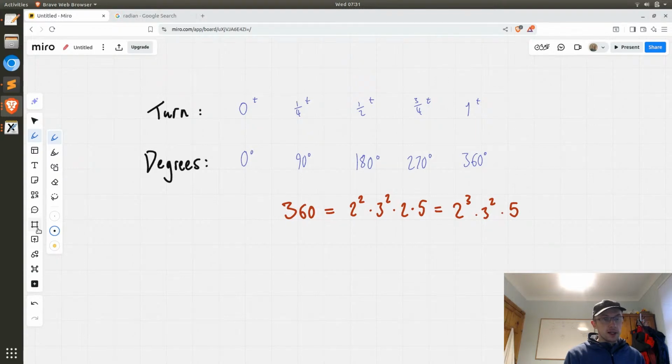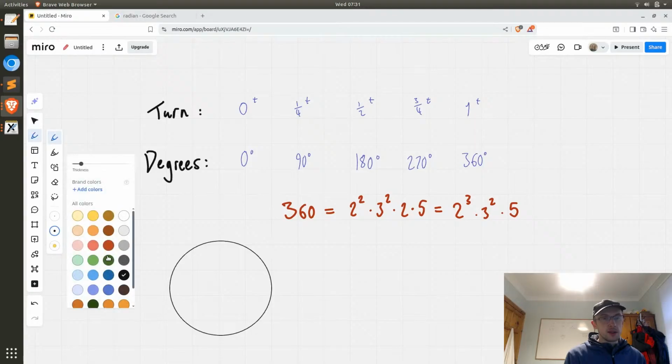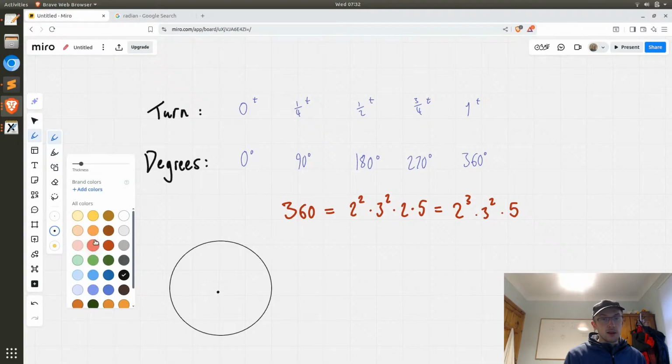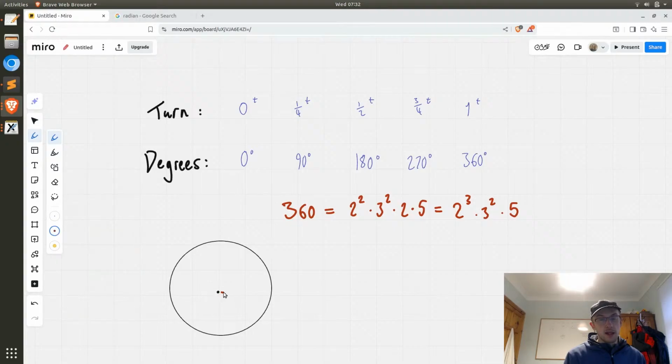So just to be clear here, I'll construct a circle, a crude approximation to a circle, because I'm not using a precise geometry package right now. There's the center. Again, it's just an approximation right now. There's a radius.